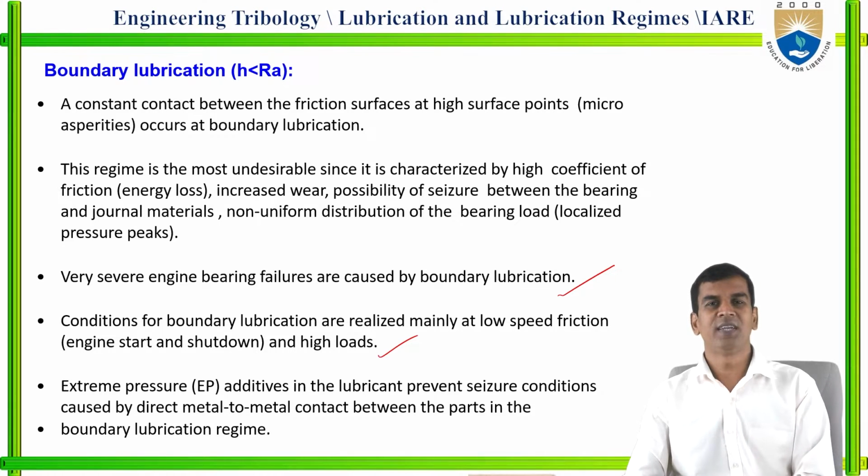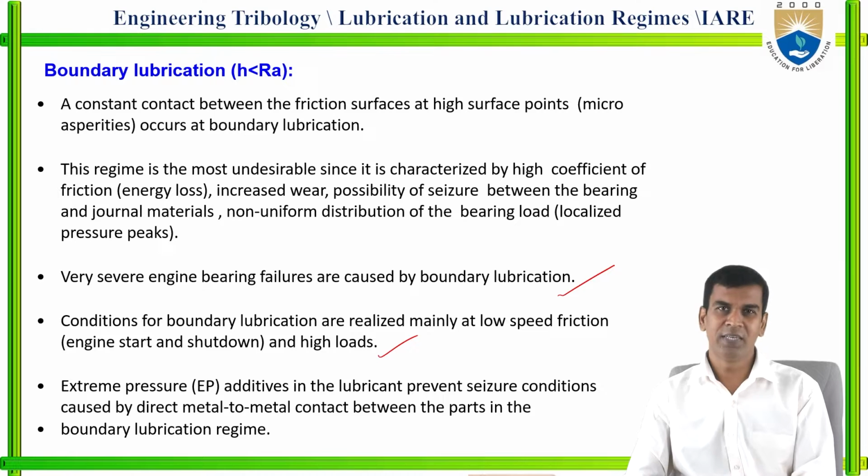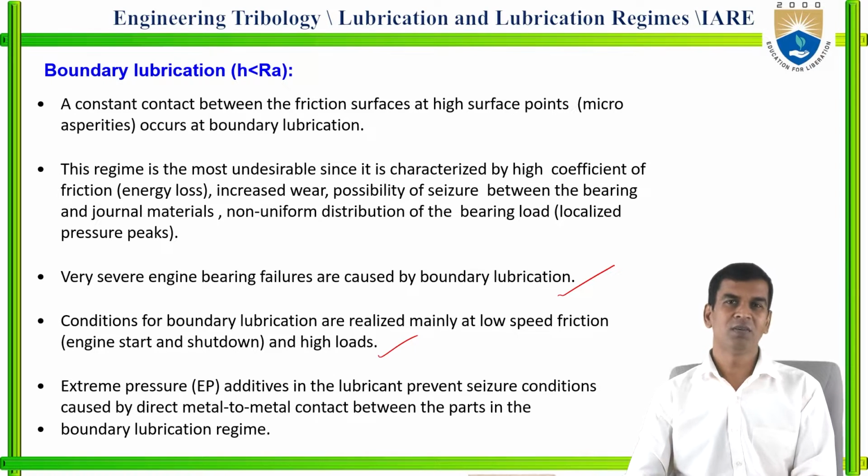When the speed is very low and the load is very high, in such conditions we call it boundary lubrication. Extreme pressure additives in the lubricant prevent seizure caused by metal to metal contact between the parts in boundary lubrication regimes.